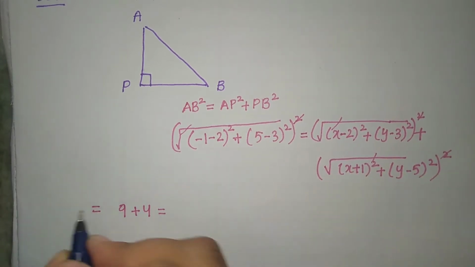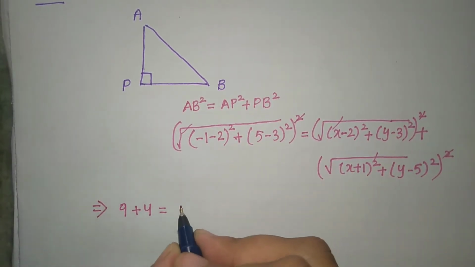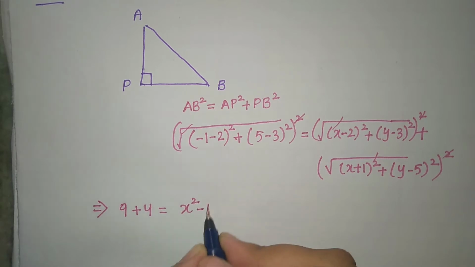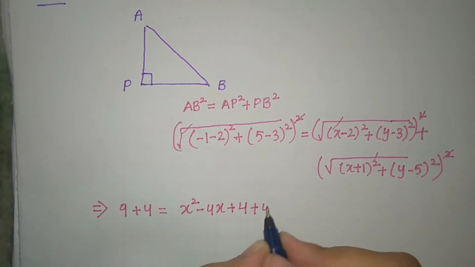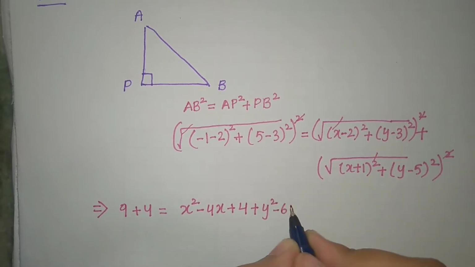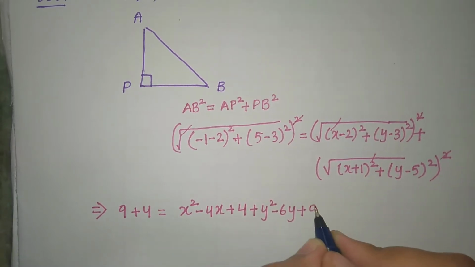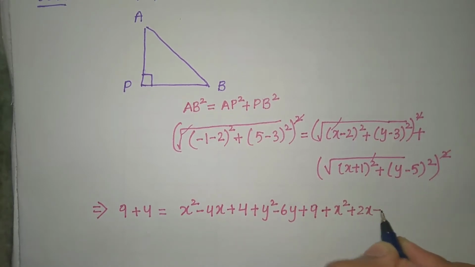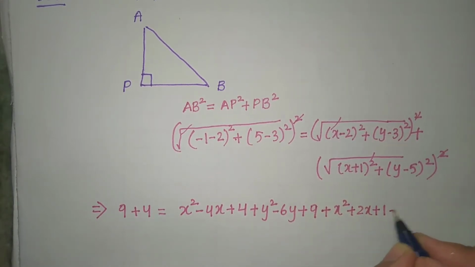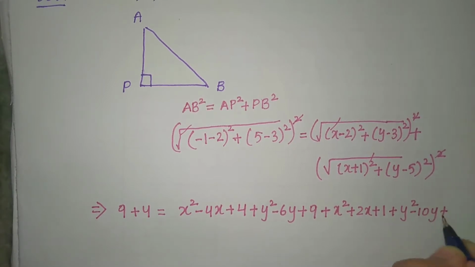Expanding this one, we will get x square minus 4x plus 4 plus y square minus 6y plus 9 plus x square plus 2x plus 1 plus y square minus 10y plus 25.